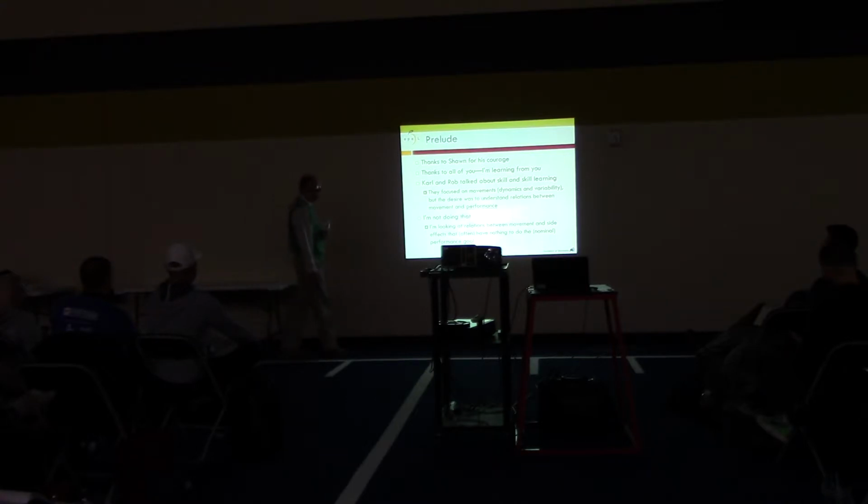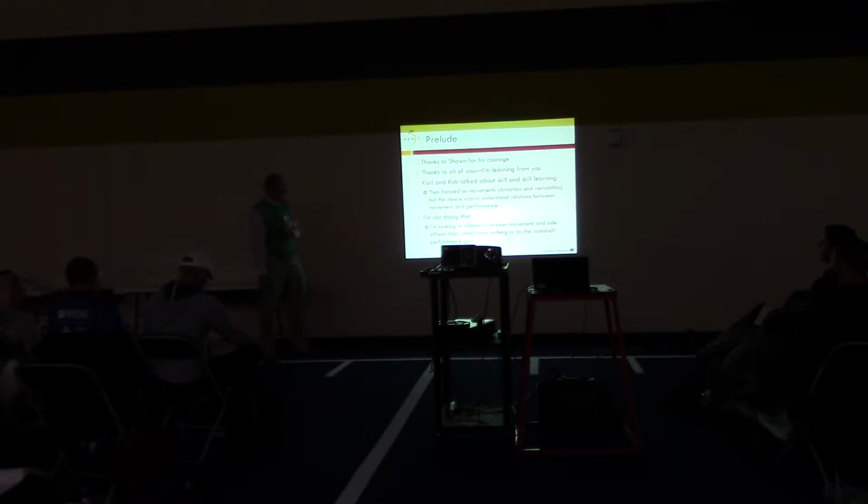But in all the examples they gave, the desire of the person performing the movements, and of the scientist studying those movements, was to understand relationships between the movement and the outcomes, between the movements and performance. How do we assemble dynamic patterns of coordination to achieve the performance that we want to achieve? Well, I am not going to be doing that. I have done some of that work, but I'm not going to be talking about that work today.